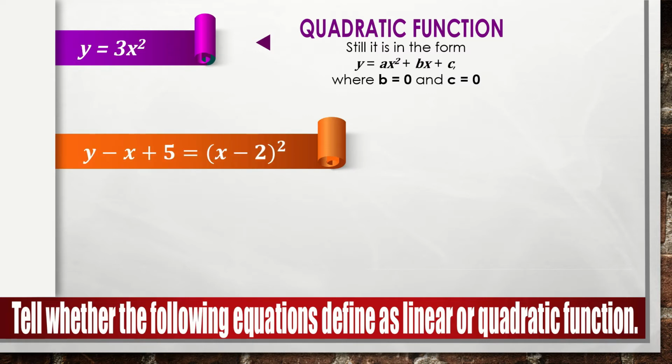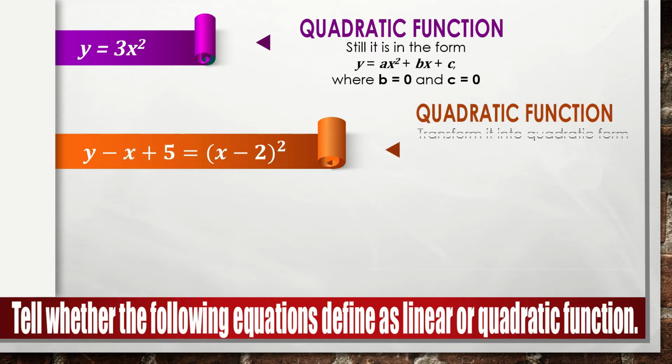Number 5, y minus x plus 5 is equal to the square of x minus 2. Yes, it is a quadratic function. We can transform it into its quadratic form. But first, you need to use the FOIL method on the right side.